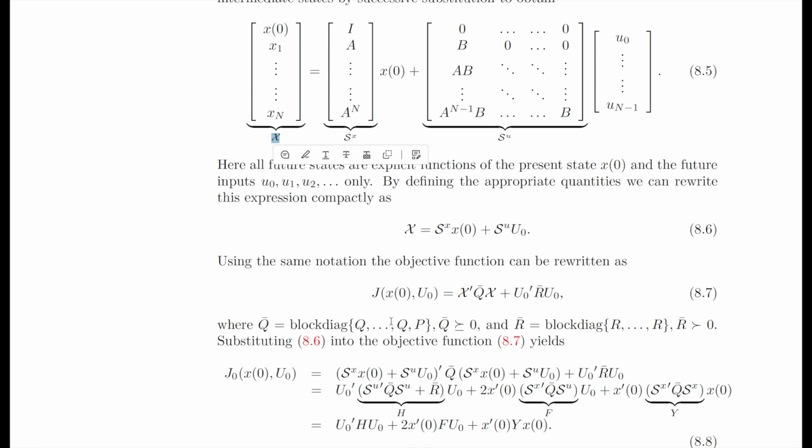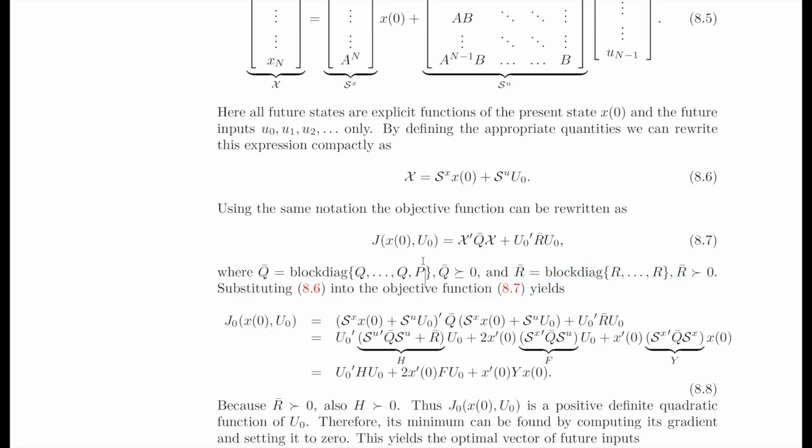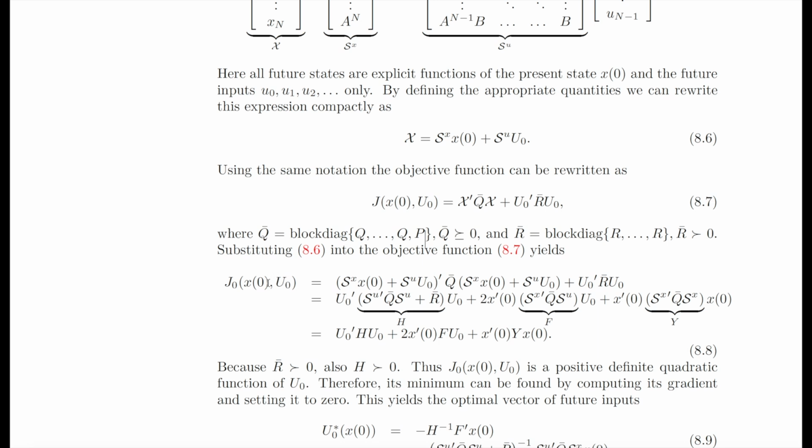So we can find that Q bar is the concatenation or the block diagonal of Q's and P, because here we have the terminal state, and also for U we can block diagonal all the R's, and as we see, these are semi-positive matrices.